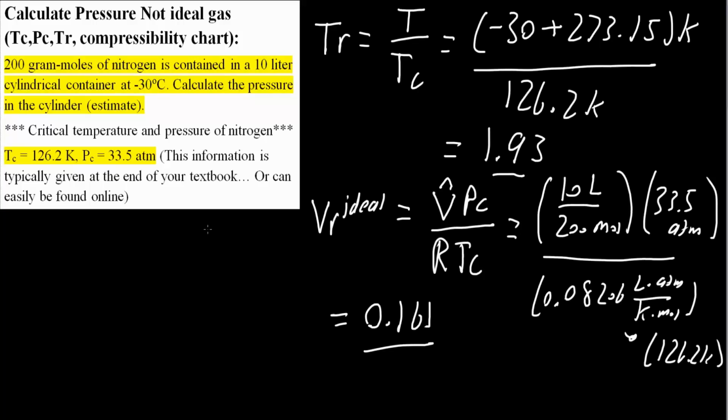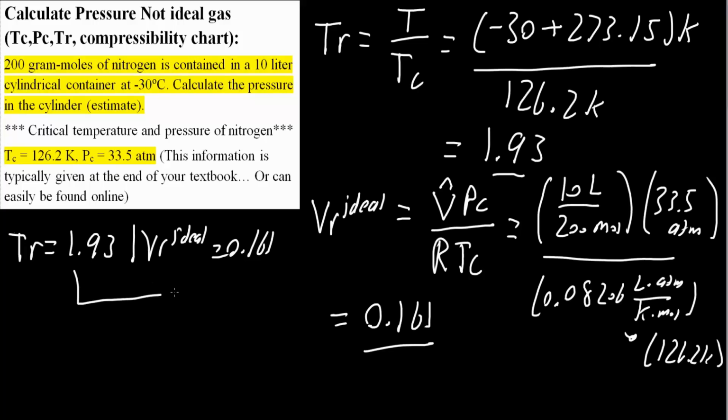So now we have VR ideal and we have TR. And at this point, we would use a compressibility chart. There are a number of compressibility charts in various textbooks. You could also search the internet, but using these charts, we would match the TR value of 1.93 and the VR ideal value of 0.161. The point that corresponds to Z would be 1.77.